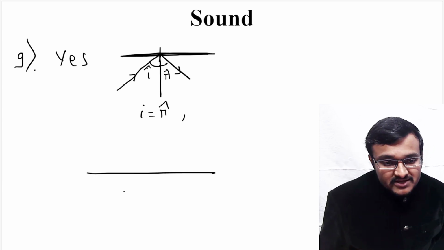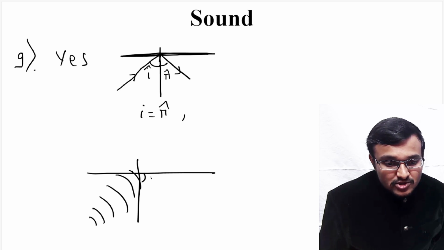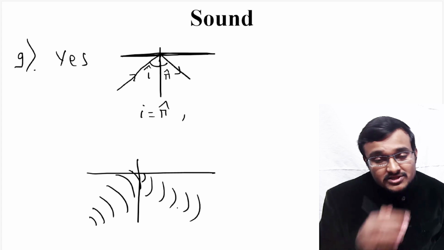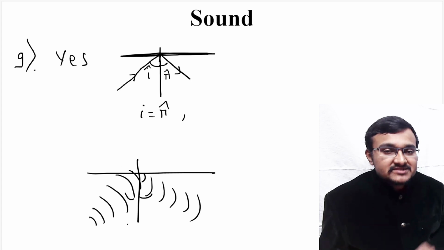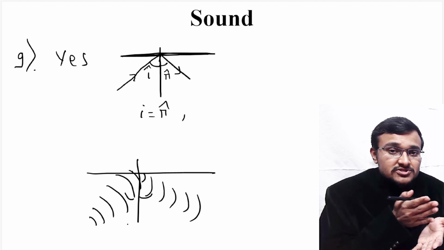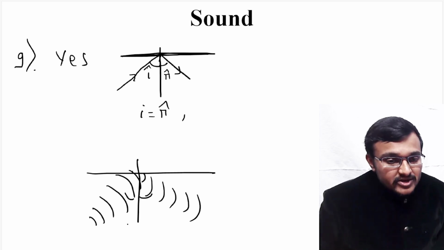If you have a surface like this, and at a certain angle a sound is striking this surface, and you draw a normal here, then along with this normal the sound wave will create another angle on the other side of the normal, and that angle of reflection is equal to the angle of incidence. Same as light obeys the laws of reflection, the same laws of reflection are applicable for sound as well.